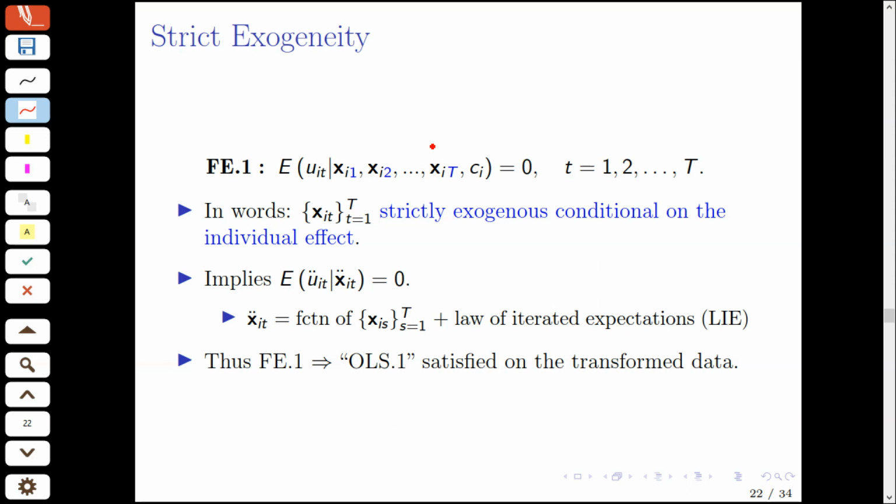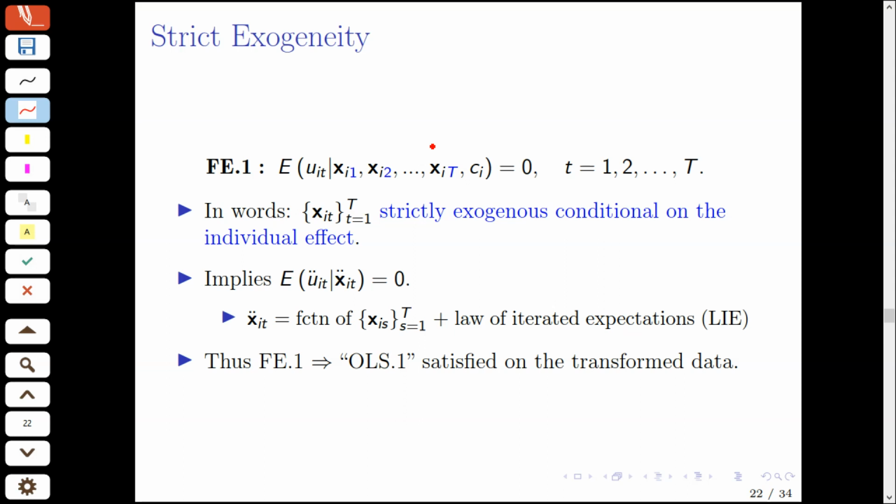Now this conditional mean 0 assumption, or FE1, in words, will say that the regressors xit collected over all time periods is strictly exogenous, conditional on the individual effect, or simply, for short, and when the context is clear, that the regressors are strictly exogenous.